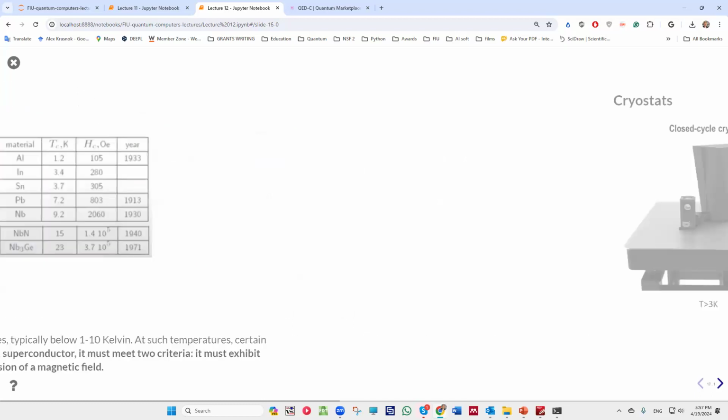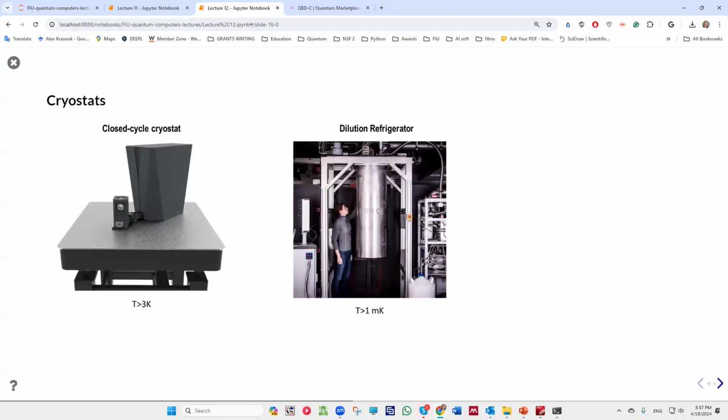So we use the superconductivity effect to make our circuits low loss, or loss efficient. And that can be done in two different ways. To do so, we use cryostats of different types. On the picture on the left, we see a typical closed cycle cryostat.